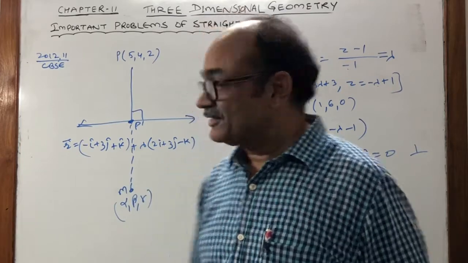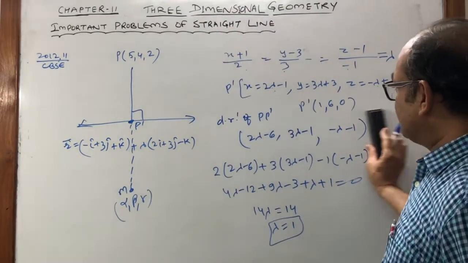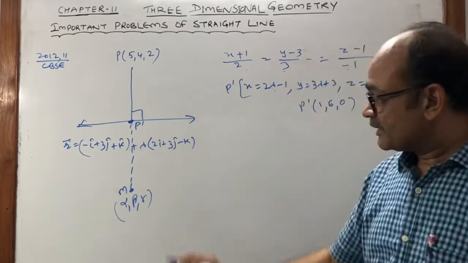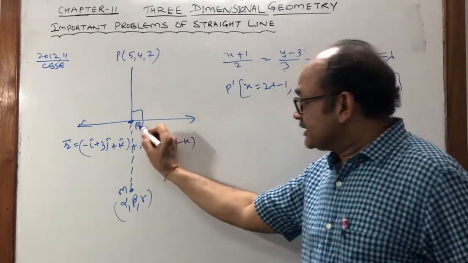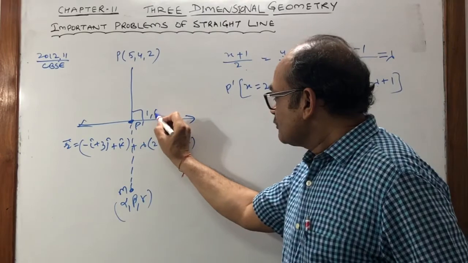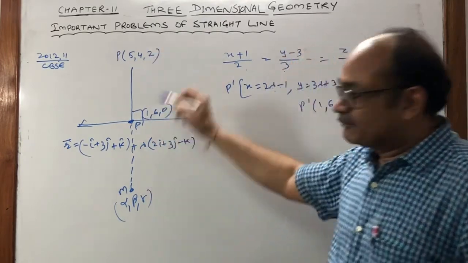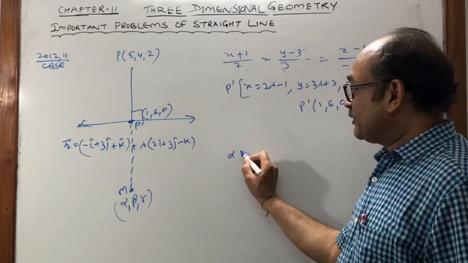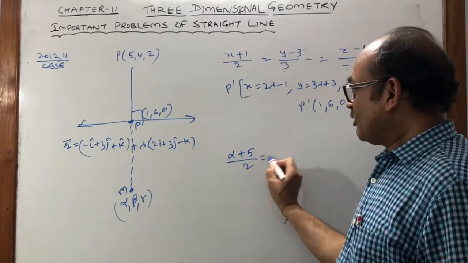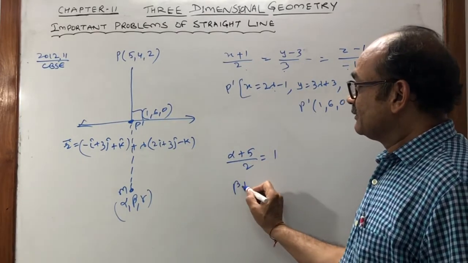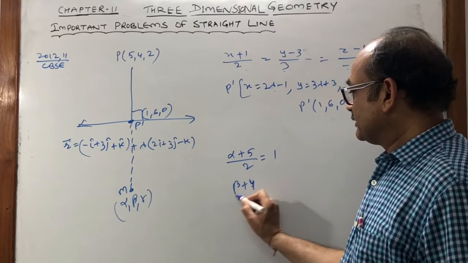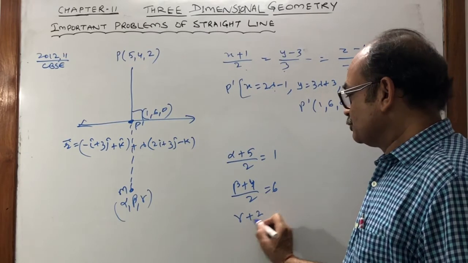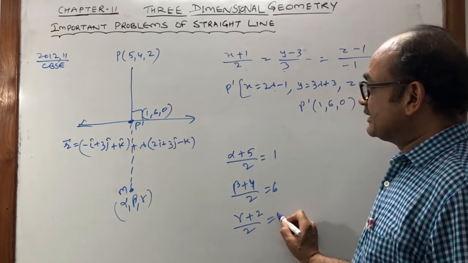Now the remaining part, we have to calculate alpha, beta, gamma. And you know, image is alpha, beta, gamma. Then this foot of the perpendicular, that is 1, 6, 0, is nothing but the midpoint. Hence, using the midpoint formula of class 10th, alpha plus 5 divided by 2 equals to 1, beta plus 4 divided by 2 equals to 6, and gamma plus 2 divided by 2 is 0.